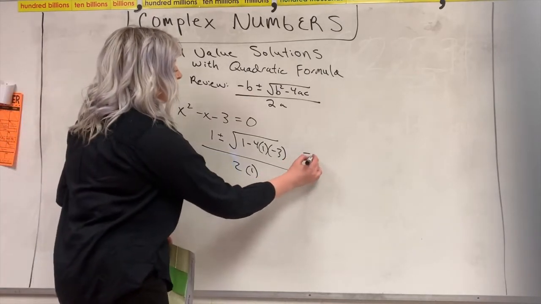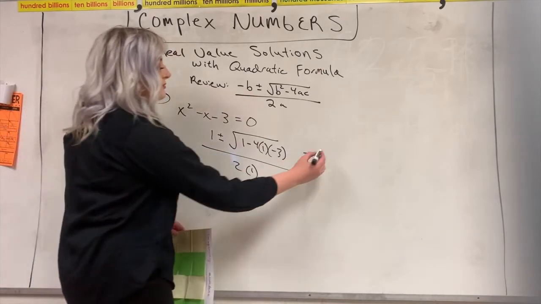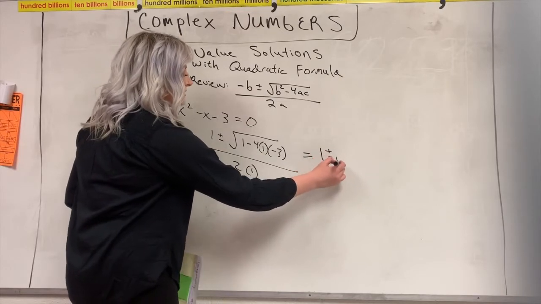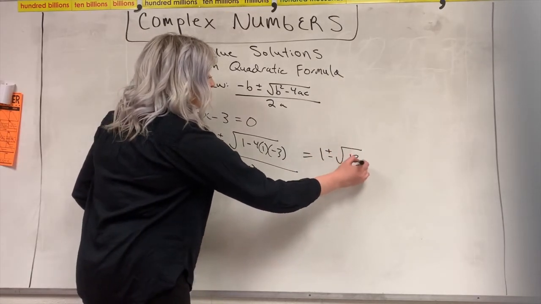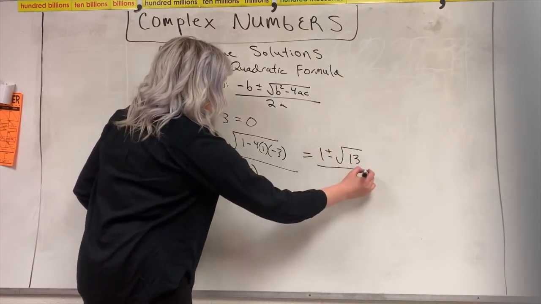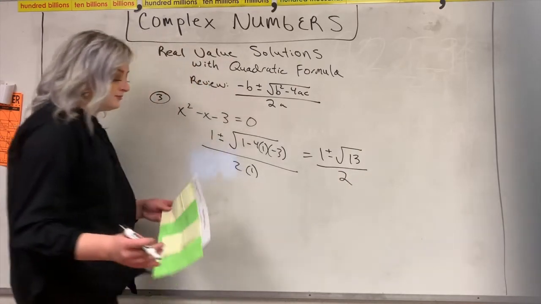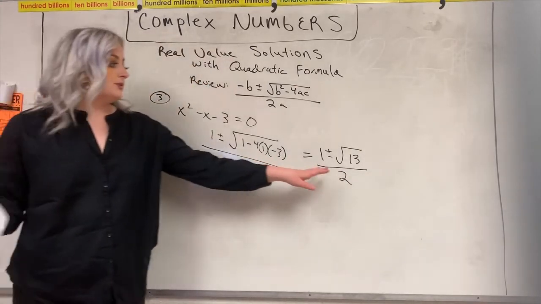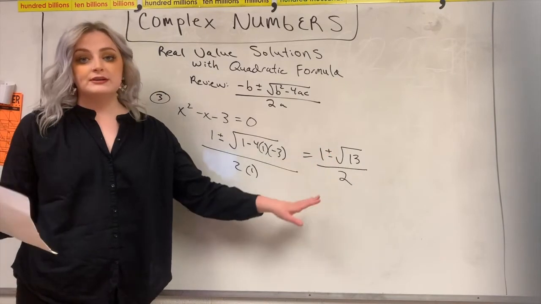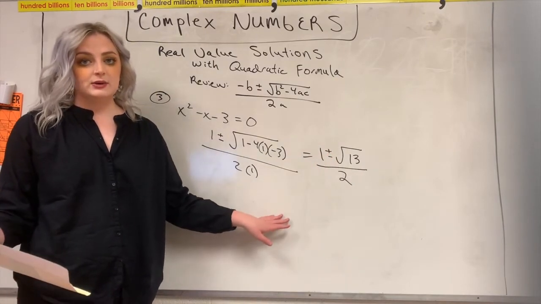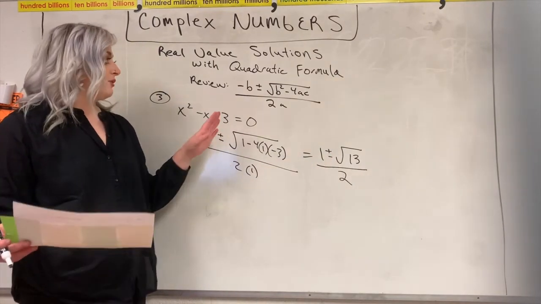All right, and this simplifies to be 1 plus or minus the square root of 13 over 2. And so those are the two real valued solutions for this equation using the quadratic formula.